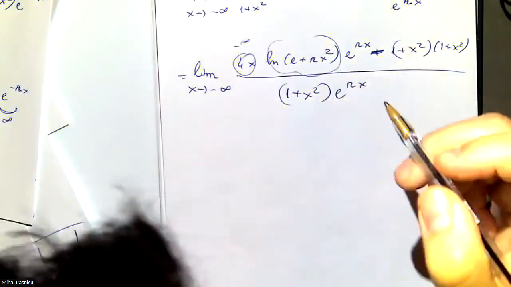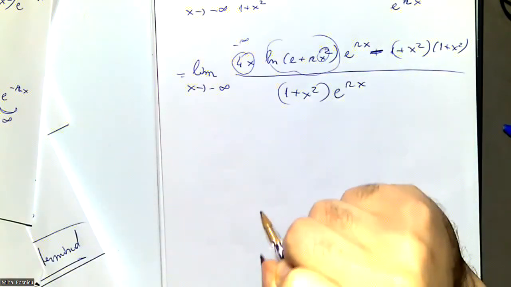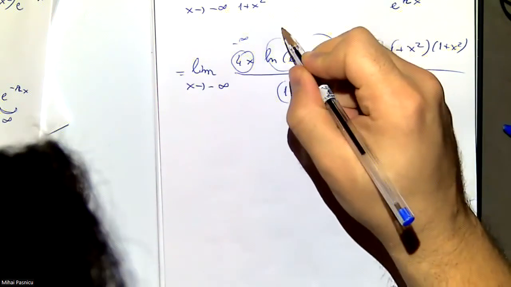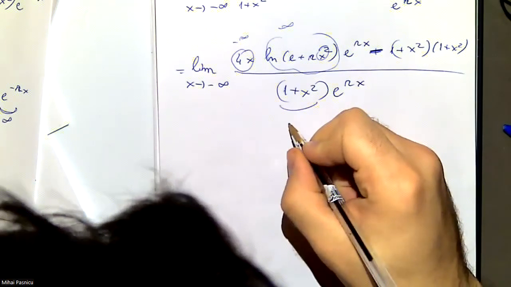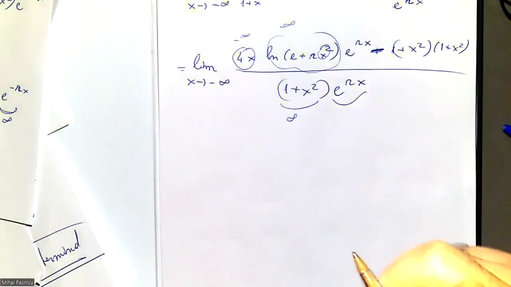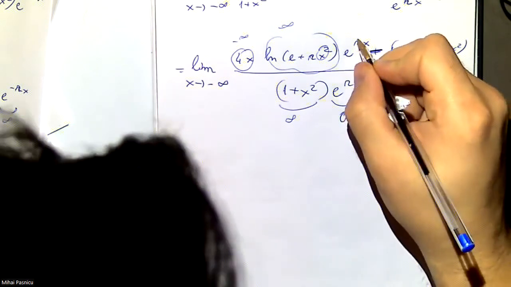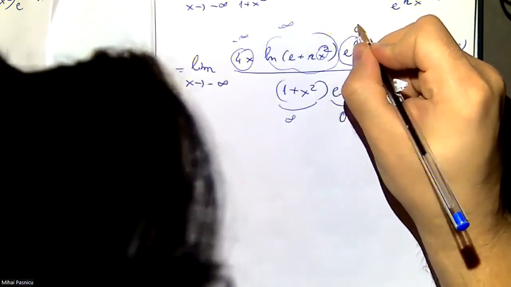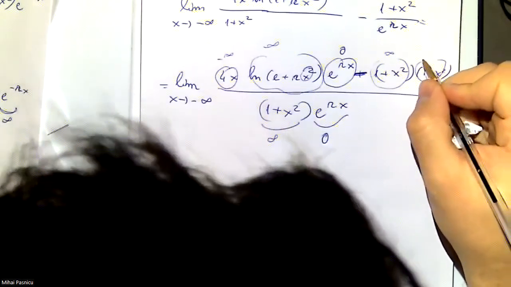This thing is log of infinity, so it's infinity. This thing is infinity. Now this thing is 0. Not bad, not bad. This thing is 0. This thing is infinity, and this thing is again infinity.